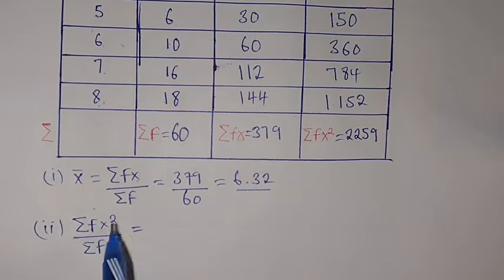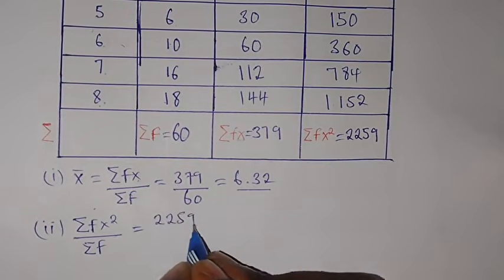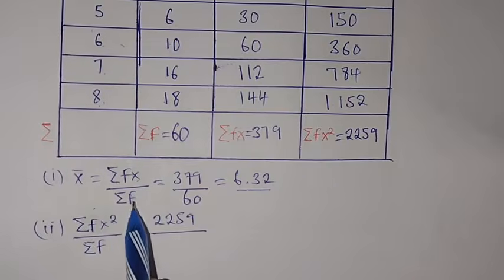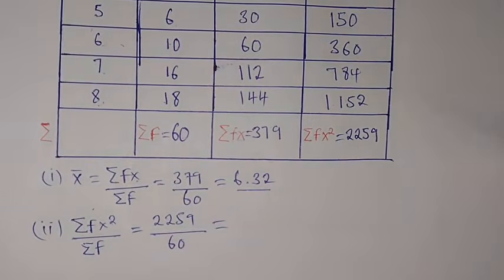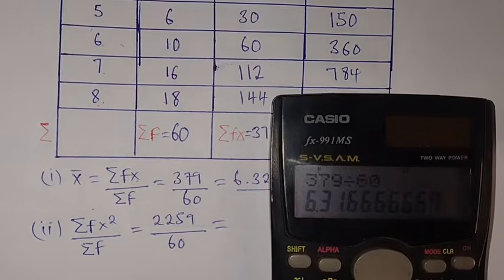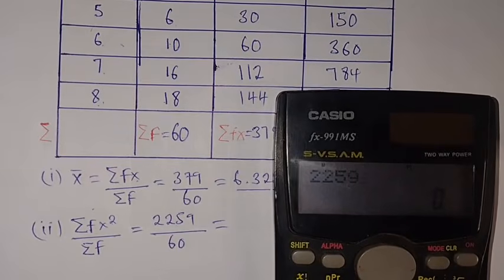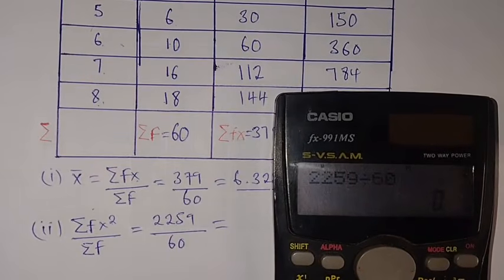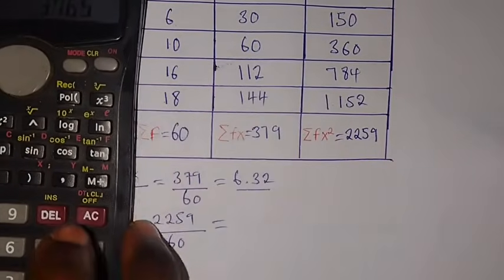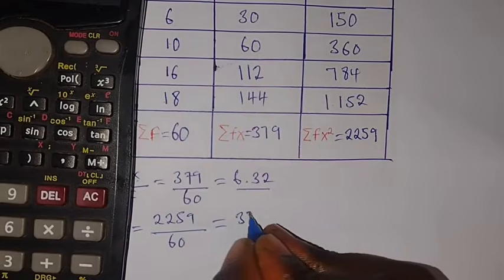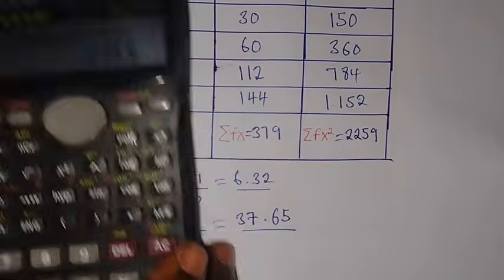Summation of fx squared is this one right here, which is 2259, over summation of f, which is 60. Let's just write our answer there. So again, you punch on your calculator, 2259 divided by 60. And this will give us this value, 37.65. So this is the value for just this one.